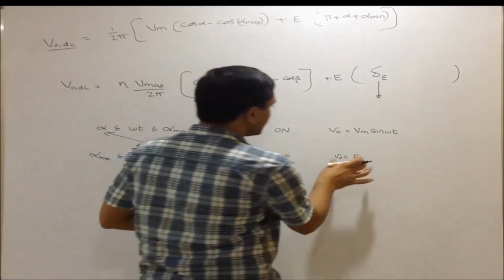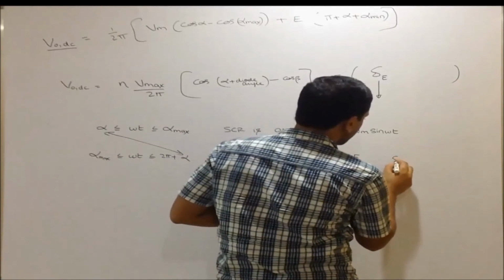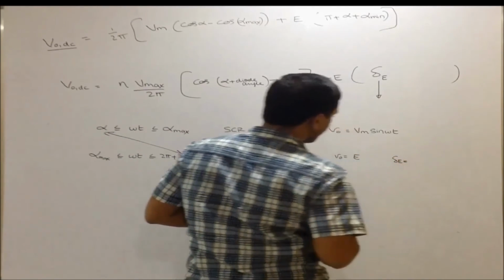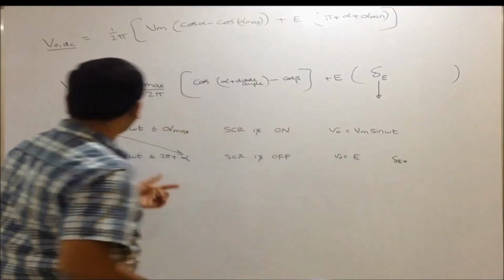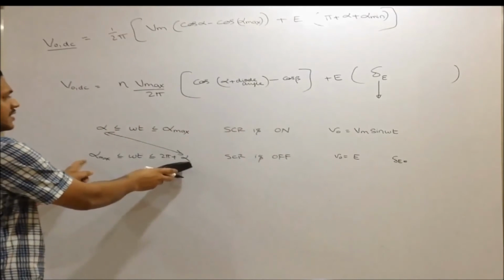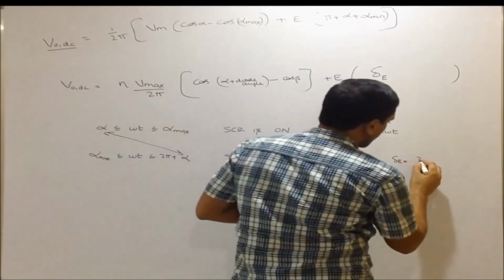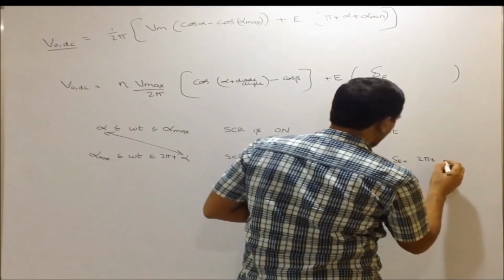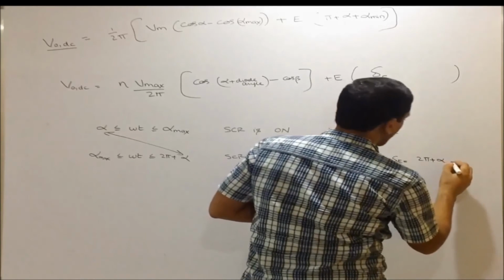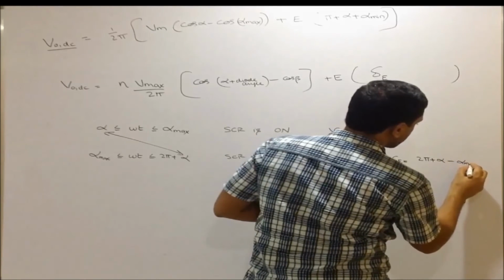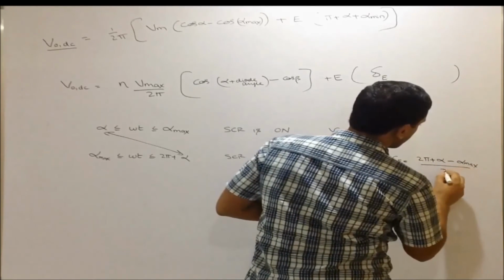Here, what is delta E? Delta E is nothing but the time period for which E is appearing across the load. That is 2 pi plus alpha minus alpha max divided by 2 pi.